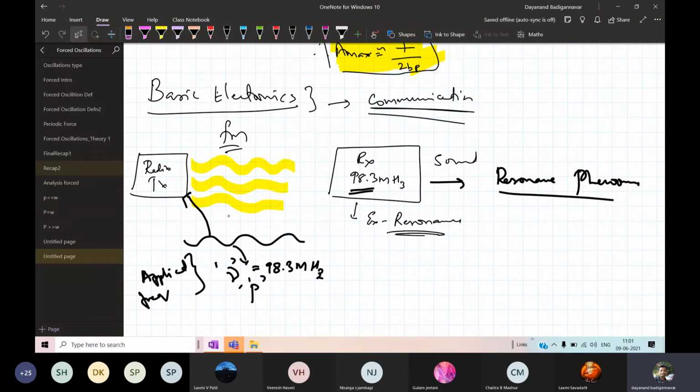Your radio receiver catches this, and then the output comes. Inside the radio circuit there are LC circuits, so these are called resonating circuits. When you vary the LC circuit, the frequency of the receiver goes on changing.